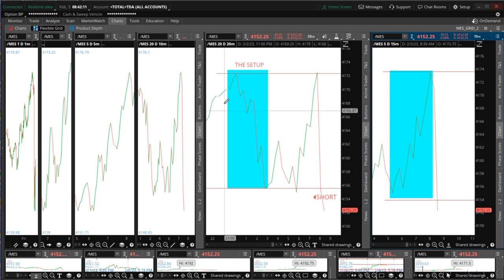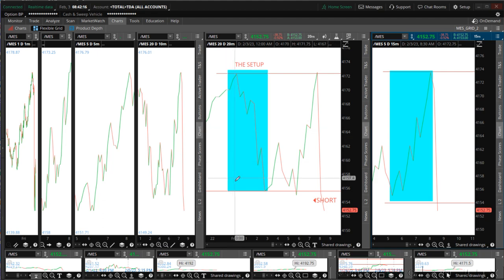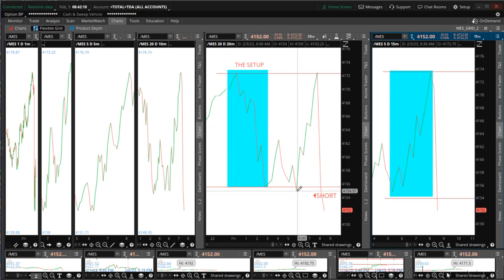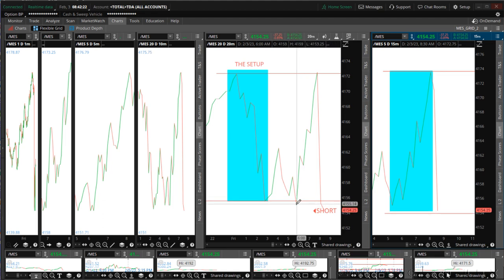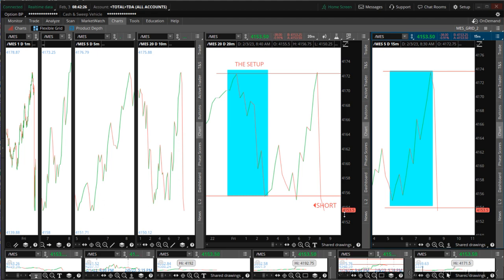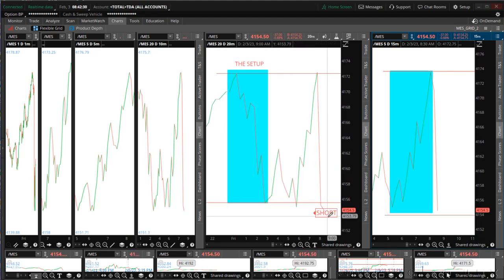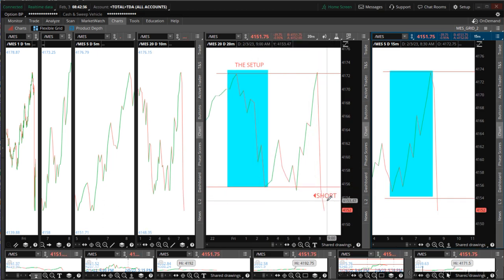Now, the 20-minute fractal, I had a bottom there around 41.51. Okay, and it had a little throw over there, and then I put on the chart a sell below that bottom, to short. Now, the reason I did that is that that would become a bottom reversal.